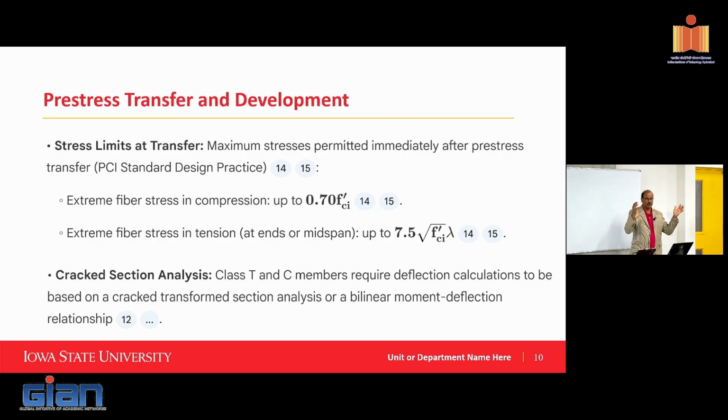Once it's 24 or 30 hours later, they cut the strands, and that's when the stress gets transferred, right? At that point, as soon as you cut the strands, at the end of that strand the prestress is zero, right? Once you cut it, nothing is holding it. So if you look at the strands at the beam ends, they have zero stress. It has to come to some length to gain that full prestress.